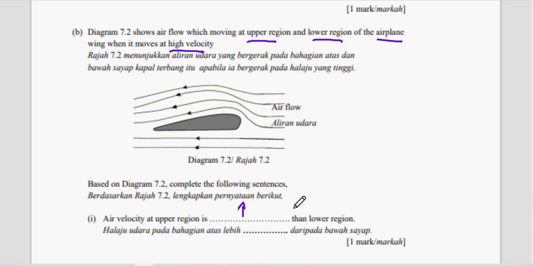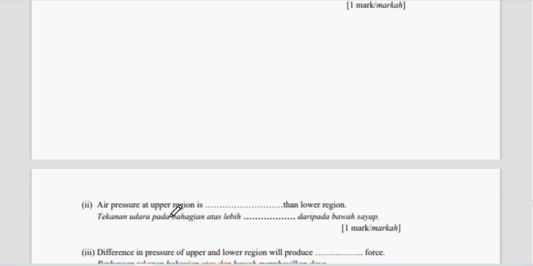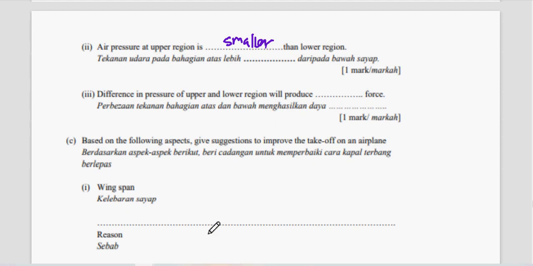You write greater than lower region. Then the pressure at upper region is smaller than the lower region. So the difference in pressure for the upper and lower region produces a net force, or lift force is also fine. Net force is fine, lift force also can.